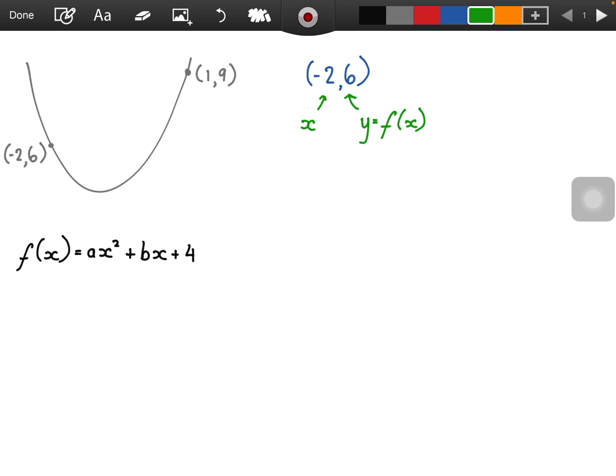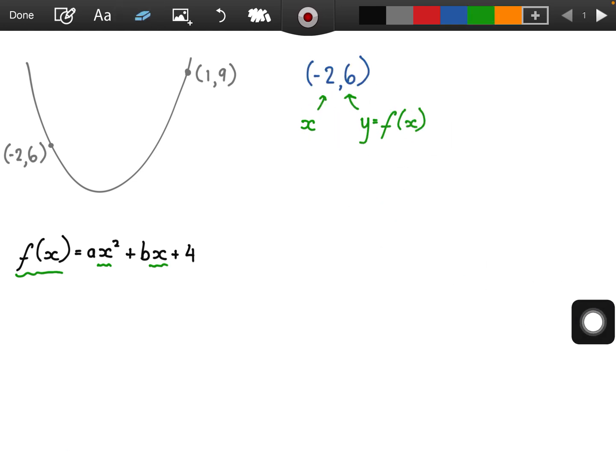So I can write this with the x's changed to -2's and the y, or the f of x, changed to the matching f of x here, so 6.